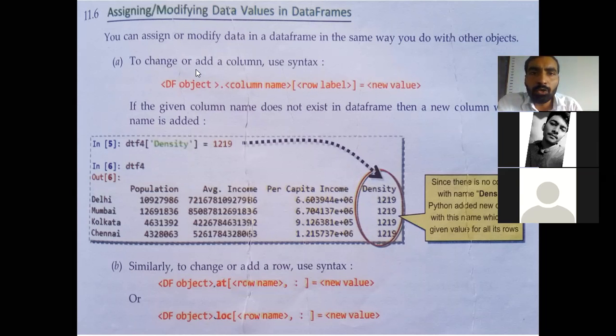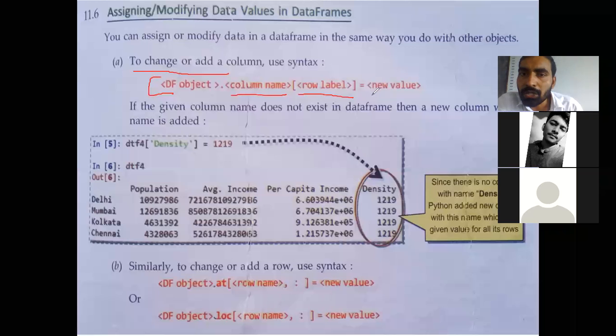To assign a new value or to modify the value in a data frame, there are different methods. Kindly see, the first method is given to change or add a column. We use this syntax: df object dot column name, in parenthesis the row name or row label, equal to new value.